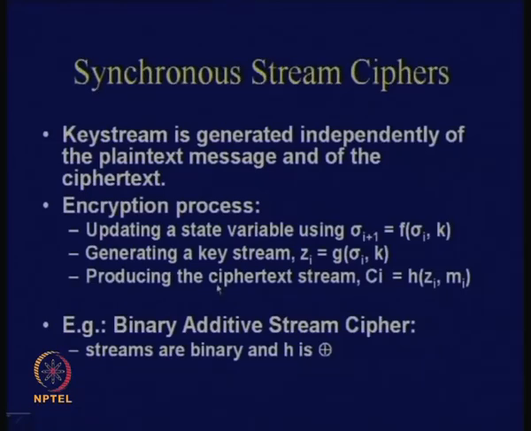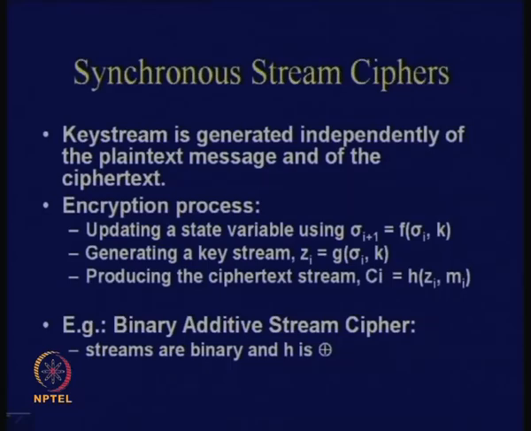Now, the moment the message m_i comes in, we operate m_i and z_i and obtain the corresponding cipher text c_i. Here you see that this key stream z_i can be generated ahead of time. It does not depend on when the corresponding plain text comes in, and that is why it is called a synchronous stream cipher.